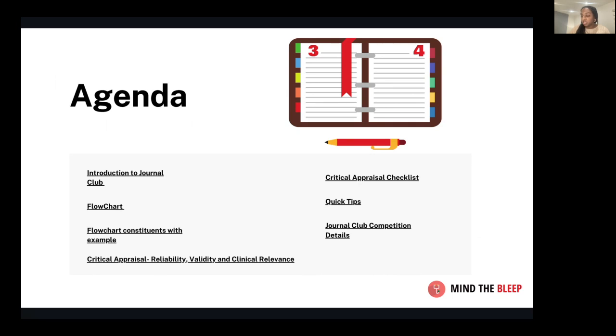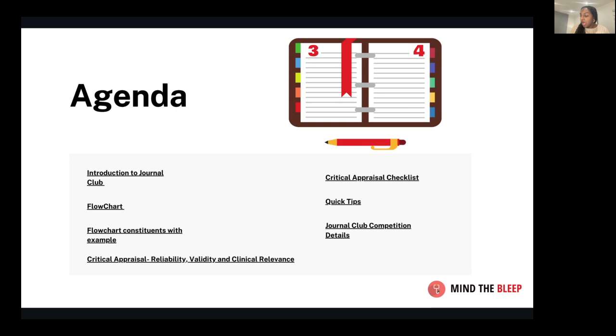It's really essential, which is why it has its own section in the agenda, as well as a checklist, which I'll be explaining later. I'll also cover some quick tips for making your presentations, whether it be for the competition, or work, or both. And lastly, I'll go over the details of our competition, which is open for everyone to join in on.